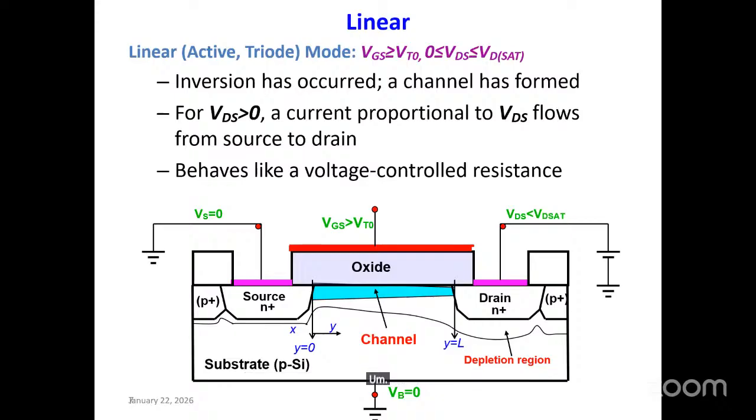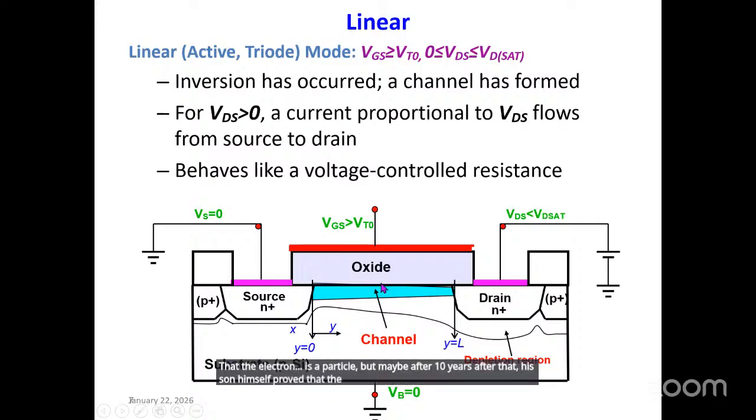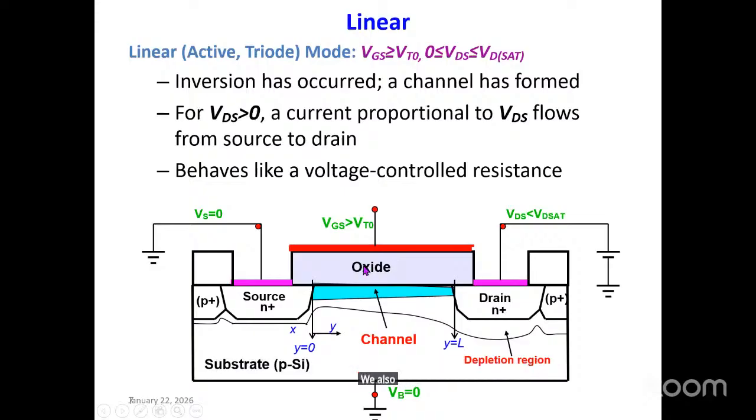J.J. Thomson proved in 1897 that the electron is a particle. But maybe 10 years after that, his son proved that the electron behaves like a wave also. Therefore, electron can behave both as a particle and as a wave.